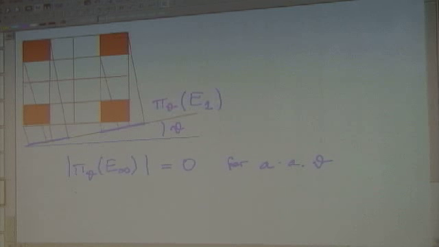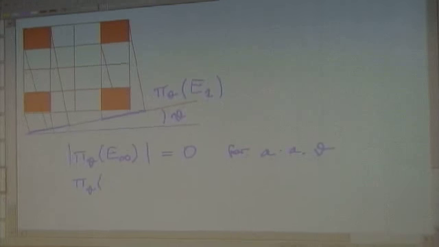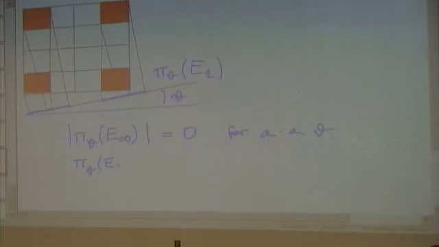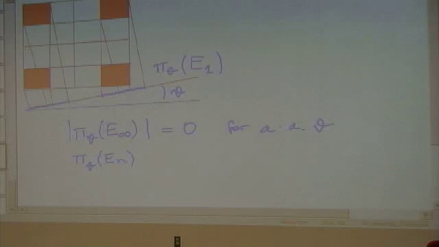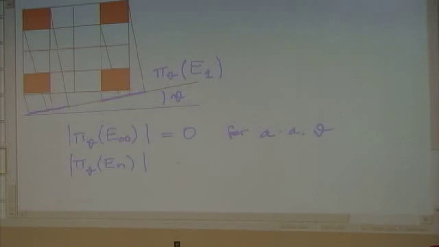A consequence of that is that if you look at pi theta of En, the projections of the finite iterations of the set, then the length of that is going to go to 0, again for almost all theta. That's just a trivial consequence of that.